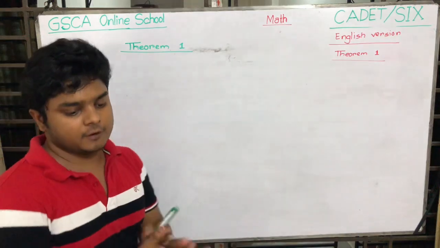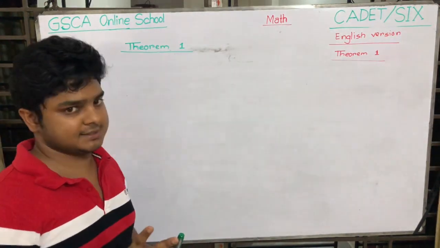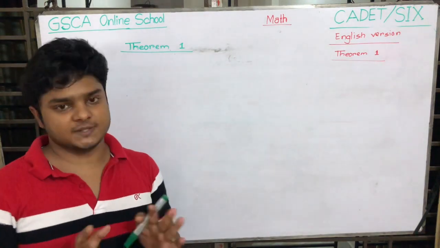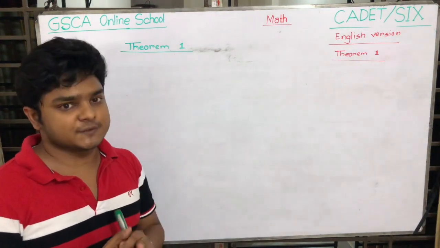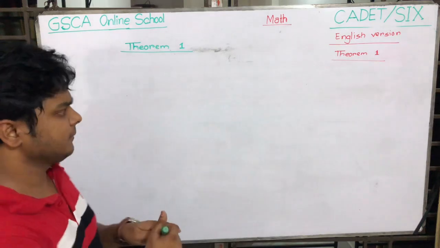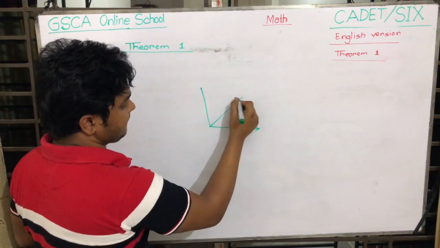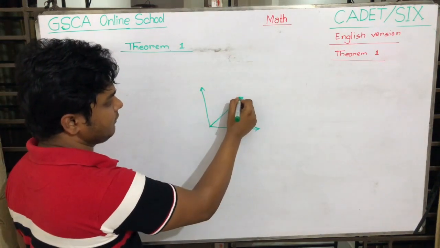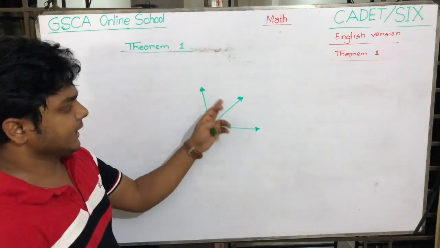For having adjacent angles, of course there should be two angles having a common vertex and a common side, and the angles should lie next to each other, so that the two angles will be called adjacent to each other. Take a look here. We'll draw an angle first. After having one angle, we'll draw another ray so that the angle is divided into two angles.